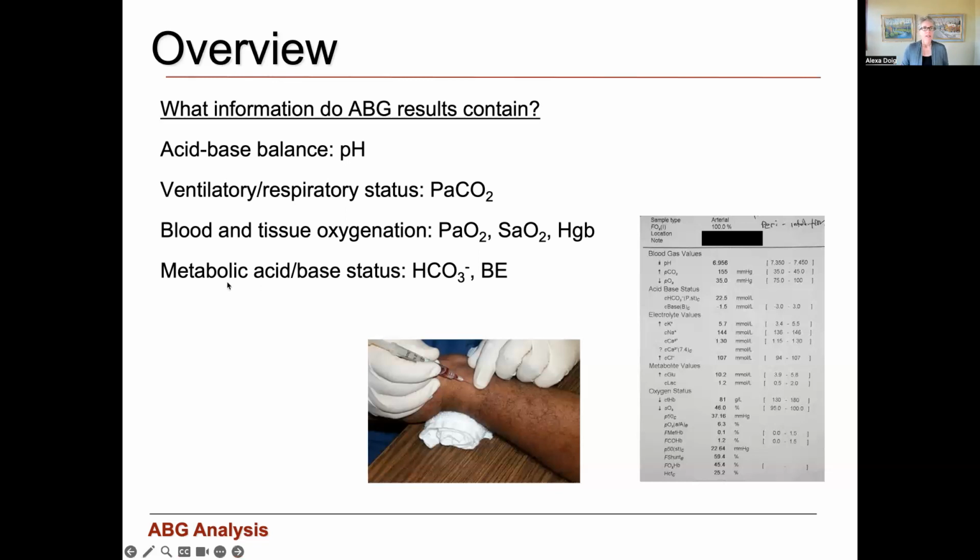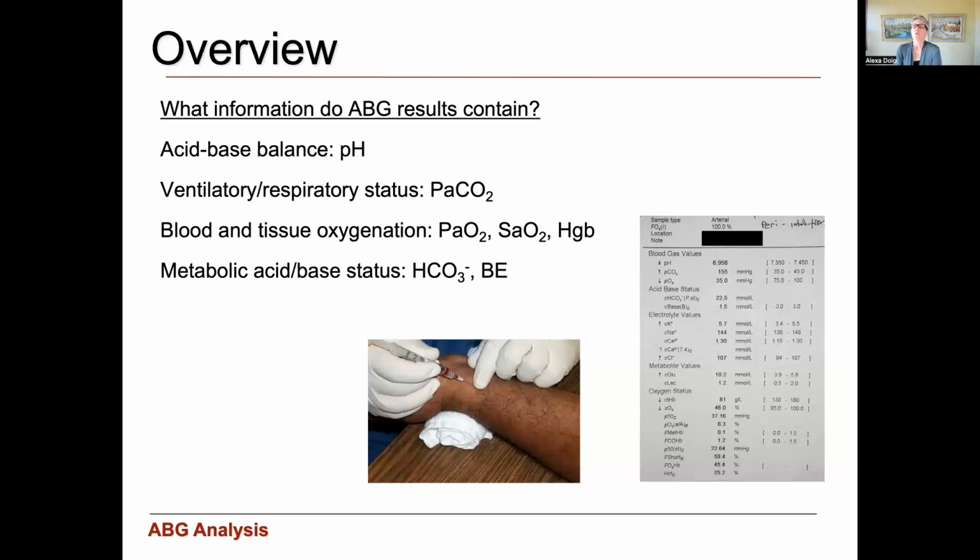And then, I hate this word metabolic, but it's used a lot. In ABG analysis, we usually talk about metabolic things being non-respiratory. Really, we want to get a sense of how much metabolic acids and bases exist in the blood at any one time.